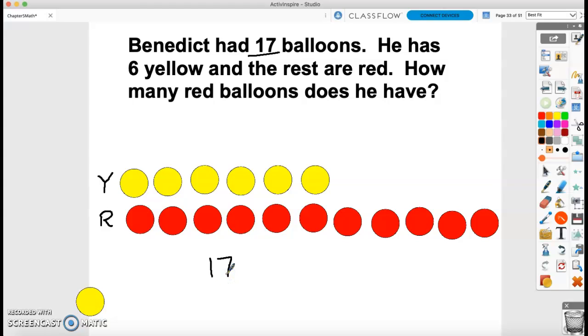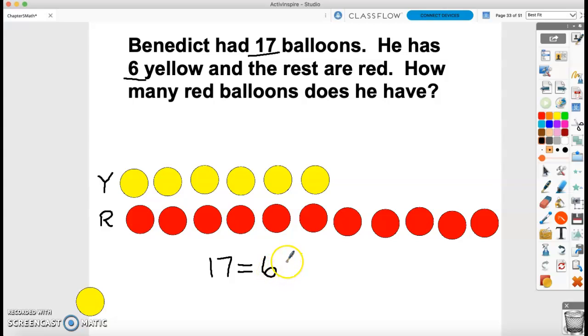So I know he doesn't have any more than 17. And then it says he has 6 yellow. So I know that my answer is going to be 17 equals. So this is my whole because he cannot have any more than that 17. And he has 6 yellow. So these are my 6 yellow here. So I'll write that 6 yellow and the rest are red.